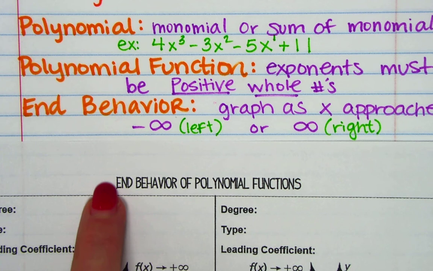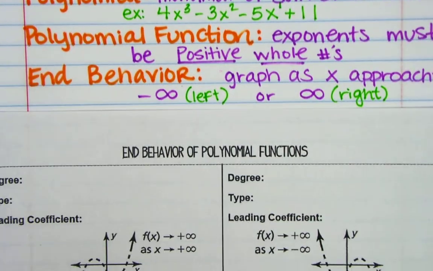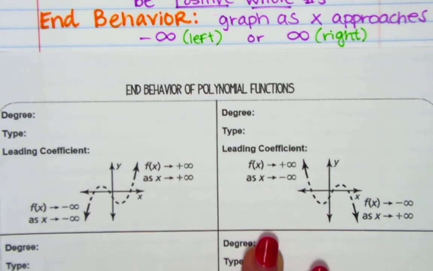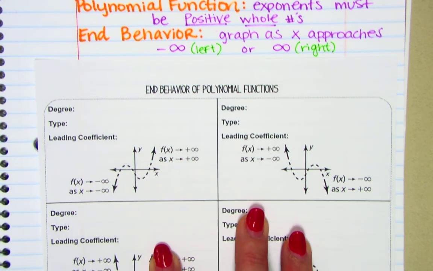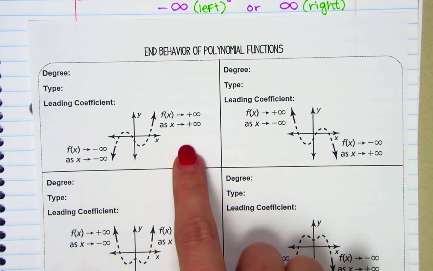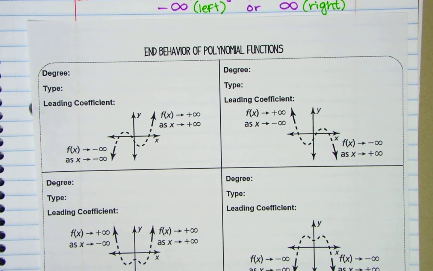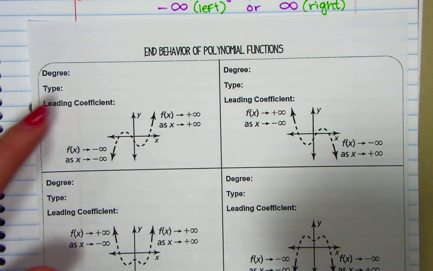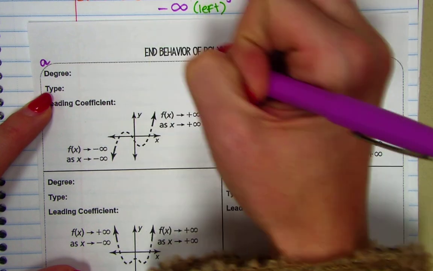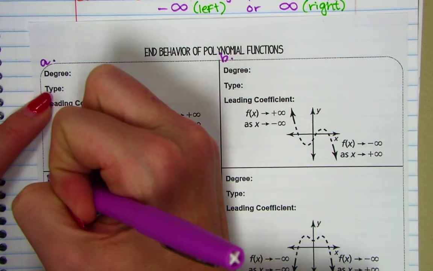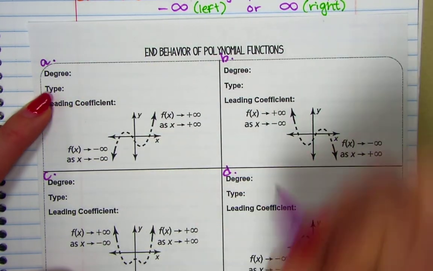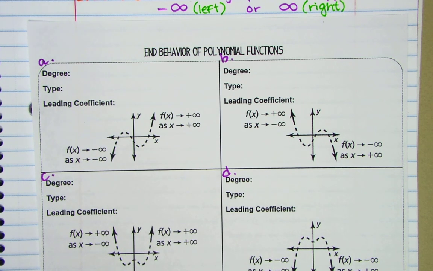We're talking about end behavior of polynomial functions. We've got four different new types of graphs. Let's number them. They aren't numbered on here, but let's number them: this one's A, this one B, this one's C, and this one's D, just so that we can refer to them easier.